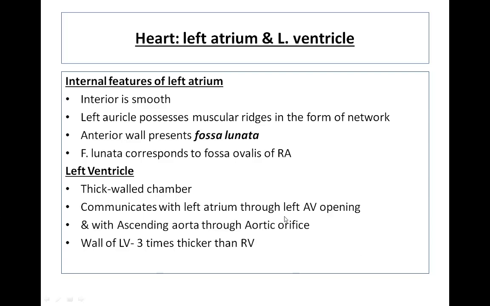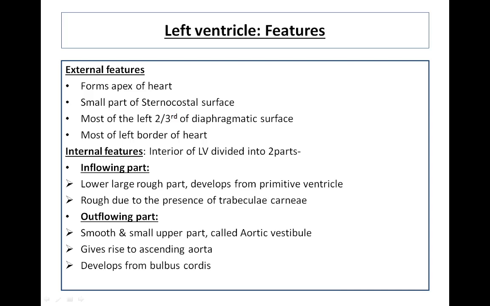It communicates with the left atrium through the left atrioventricular opening and with the ascending aorta through the aortic orifice. So there are two connections. Then the wall of the left ventricle is 3 times thicker than the right ventricle, as I have said already.